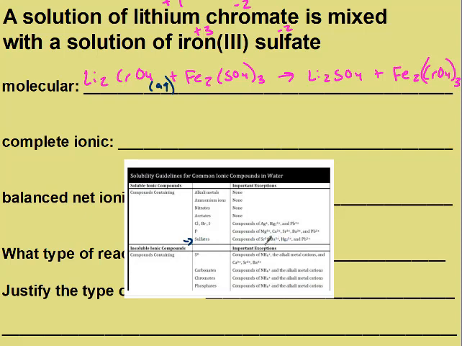Sulfates are going to be soluble unless it's with one of these. Iron is not one of those, so that is aqueous. Lithium sulfate, all alkali metals are soluble. And chromates are insoluble unless it's with an alkali metal or ammonia. It's not, so that should have been a solid.